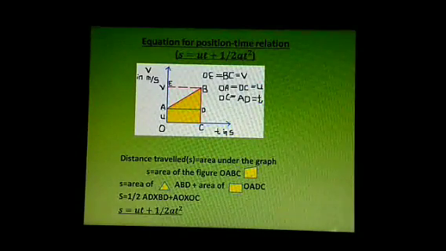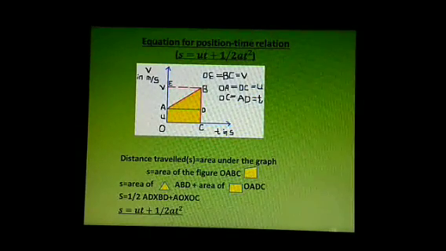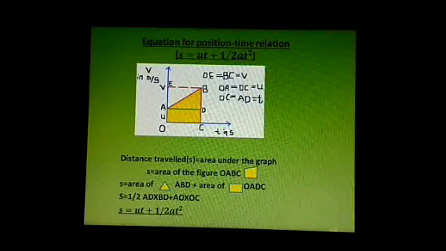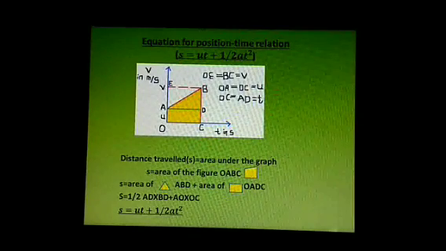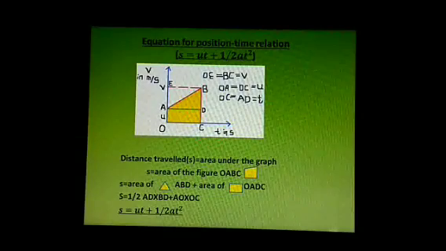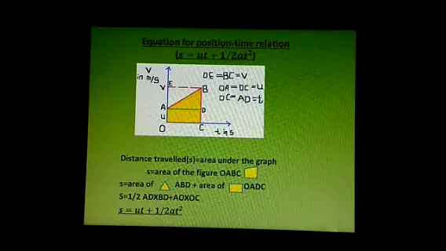Equation for position time relation, that is S is equal to UT plus half AT square. Here S means the distance travelled by the object. The area under the velocity time graph gives the distance travelled by the object. Here, the area of the figure OABC gives the distance travelled.